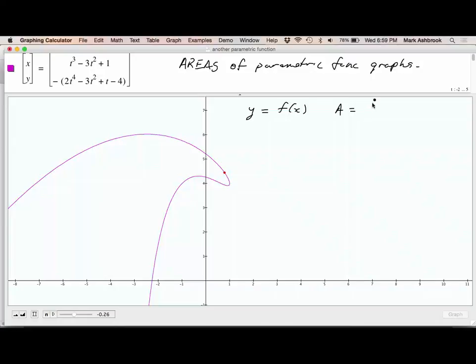We used what? Areas of curves that are weird shapes, right? We need an integral. We did that back at the beginning of the semester. We said start from x1 and go to x2. And what did we integrate? If y was equal to a function of x, it would be whatever that f of x was, dx. And this was like the area of a really thin rectangular strip.